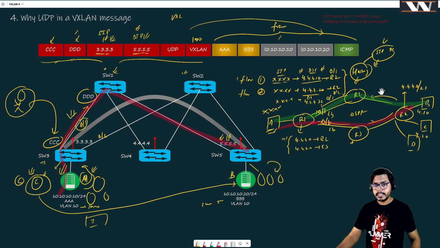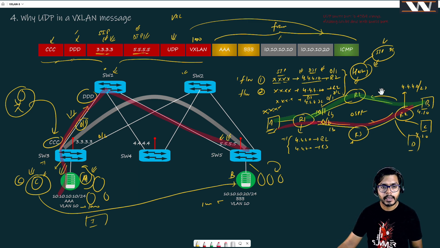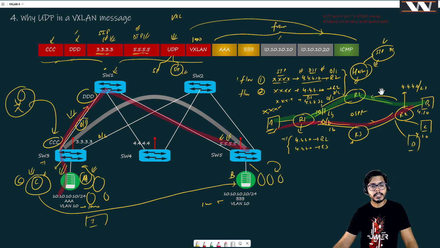And that is why somebody brilliant suggested an idea: I am going to add a UDP header. What does UDP contain? UDP is a small header, only 8 bytes. It contains source port and destination port. So this intelligent guy says the destination port is always going to be 4789, which is the VXLAN port.